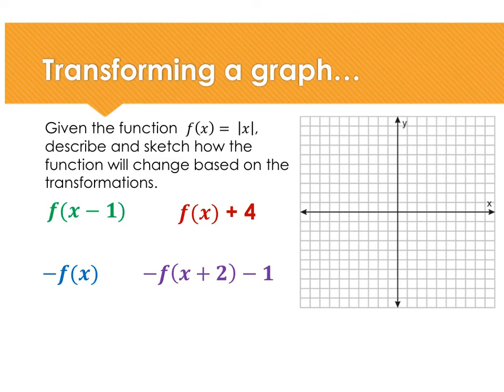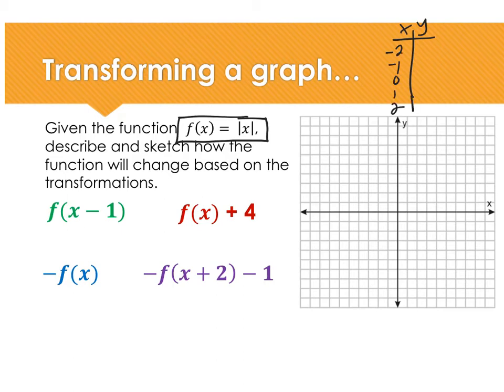So let's take a look at graphing some transformations here. So here, notice we're given f of x equals absolute value of x. So the first step is let's get a sketch of what that graph looks like. And so if I were to sketch this out, maybe make a table of values, pick some negative and positive ones just to be safe.